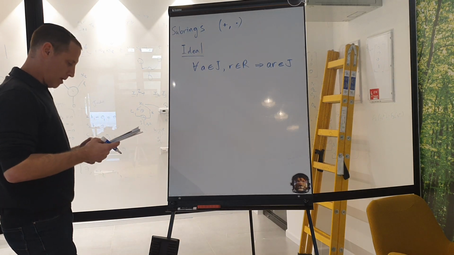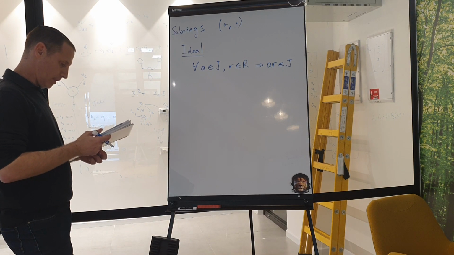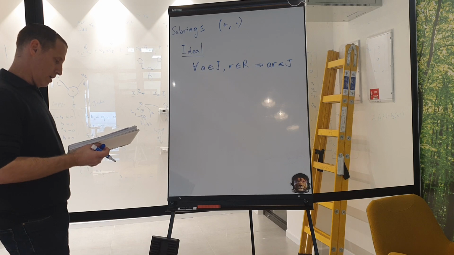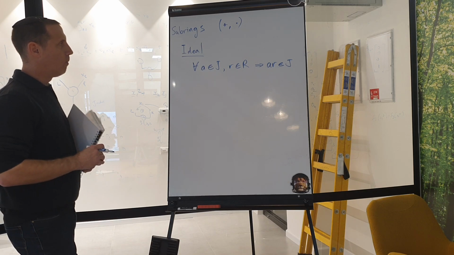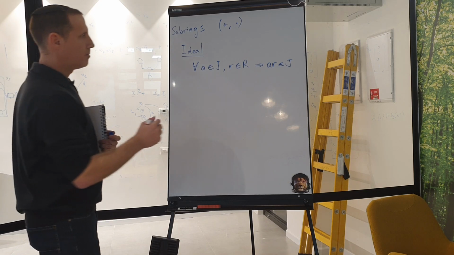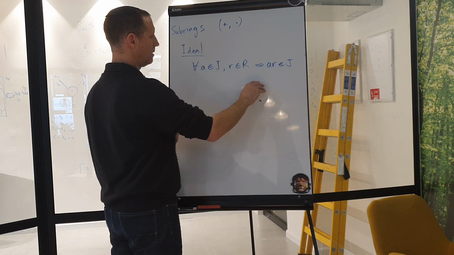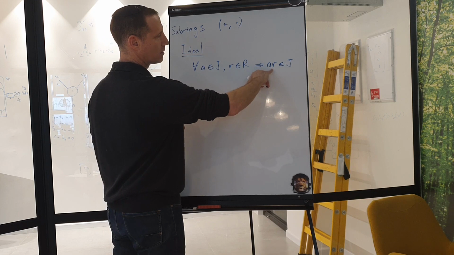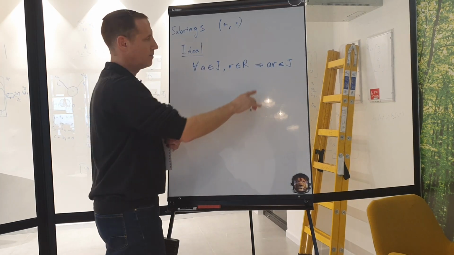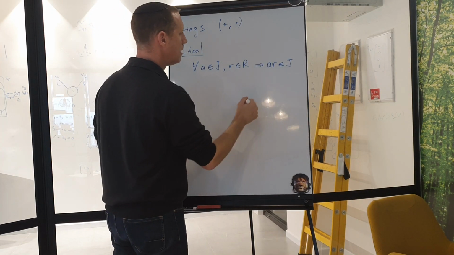Okay, now we spoke about this. If we define it like this, then this would be what's called the right ideal, because we're multiplying from the right.